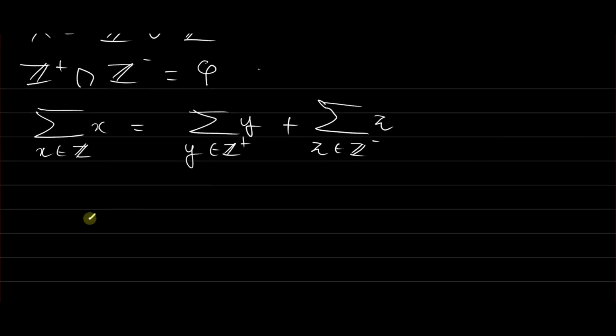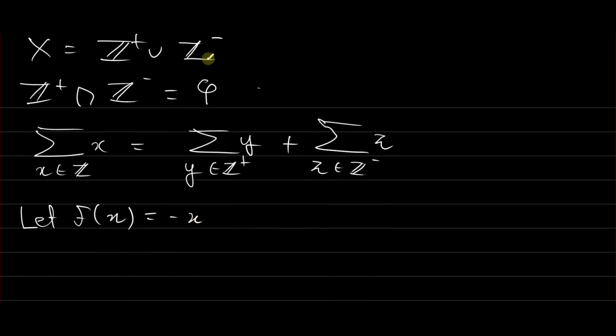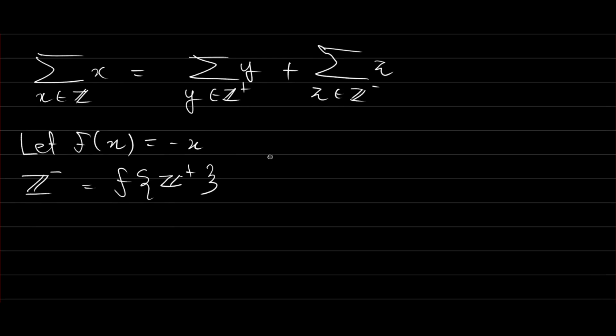Now remember again, let's take a function. Let f of x be equal to minus x. Now remember, Z minus is just the negative counterpart of Z plus, isn't it? And since f of x equals minus x, we can say that Z minus is actually equal to f of Z plus, can't we?